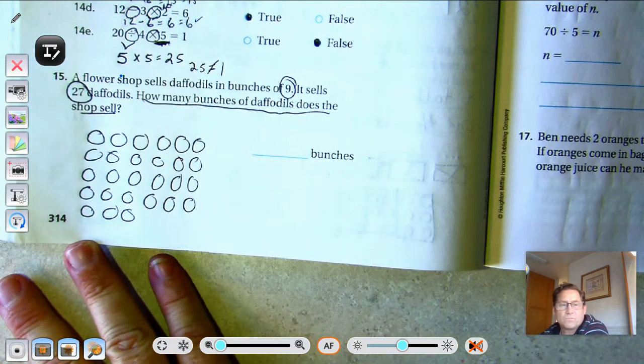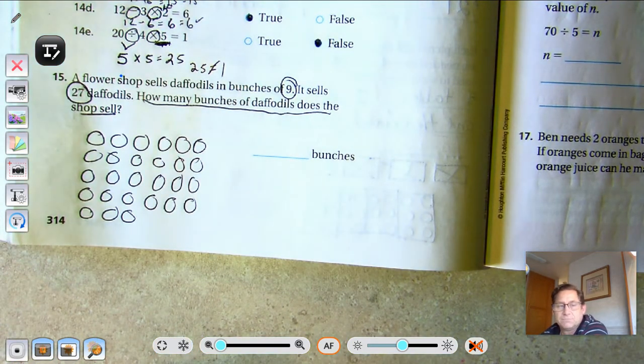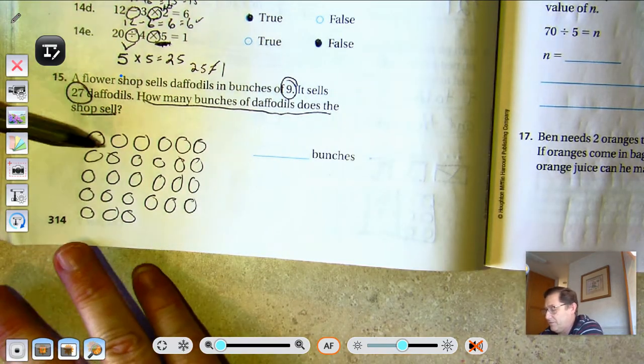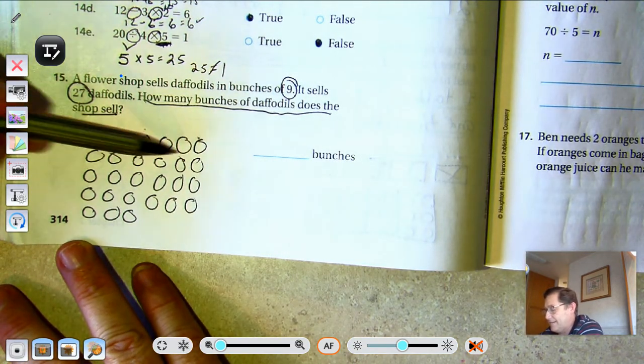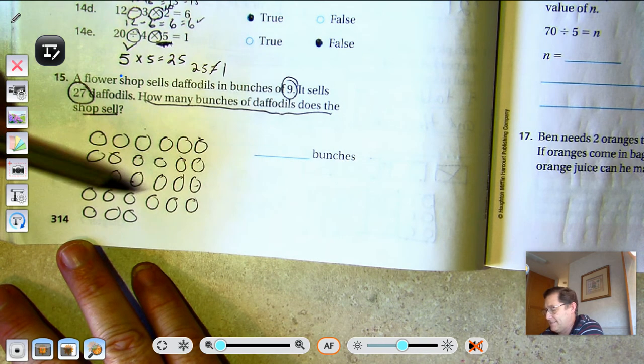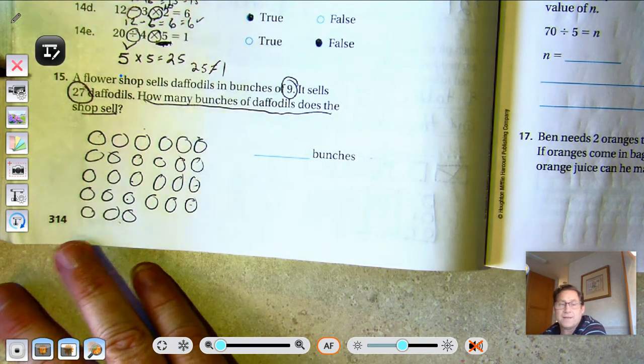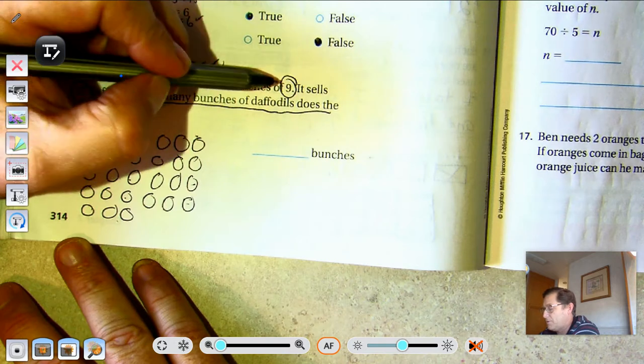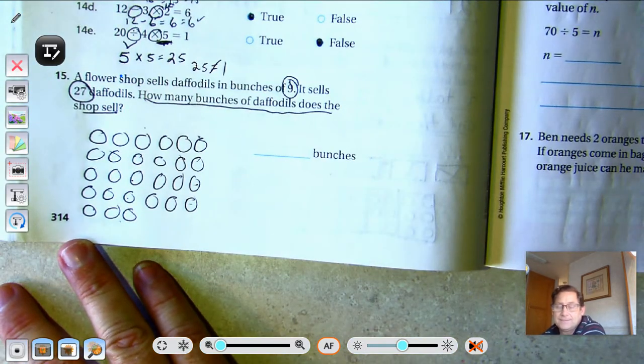All right, so I drew 27 daffodils using counters. Let's double check it, make sure I have 27. 3, 6, 9, 12, 15, 18, 21, 24, 27. Now, I'm going to put them in bunches of 9.